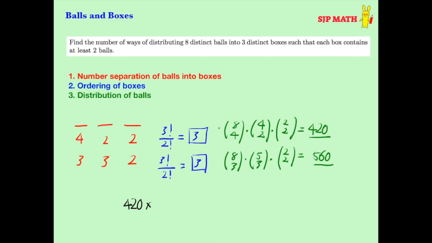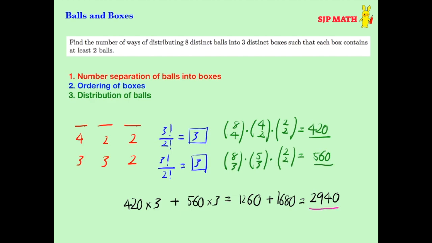So 420 times 3, plus, in the second case, 560 times 3. 420 times 3 is 1260, and 560 times 3 is 1680. If we add these 2 values, we get the answer 2940. And that is our answer.